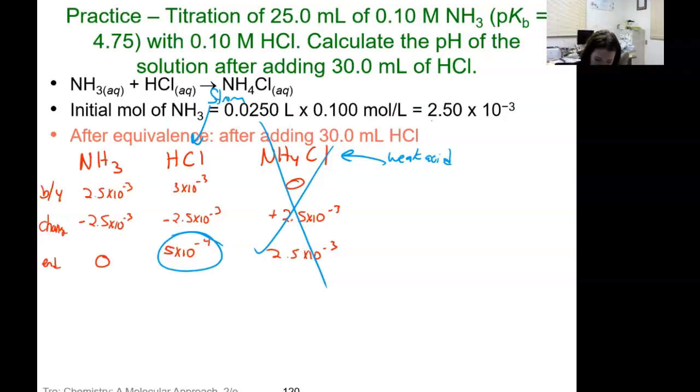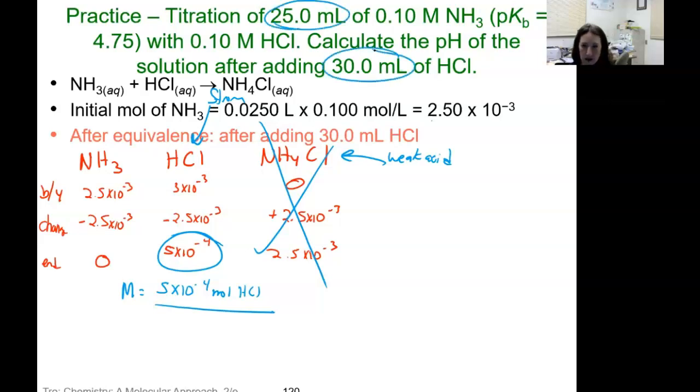But what's our new molarity? We've got to find our new molarity. It's 5 times 10 to the -4 moles of HCl over our volume, which is 25 milliliters plus 30 milliliters. That's our new volume.